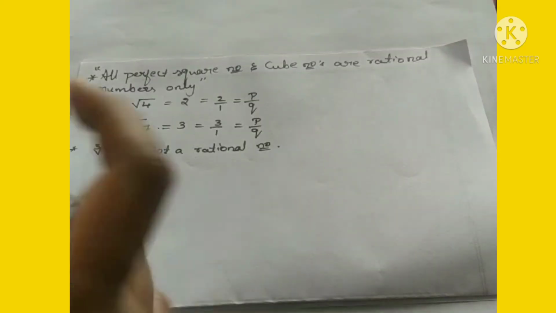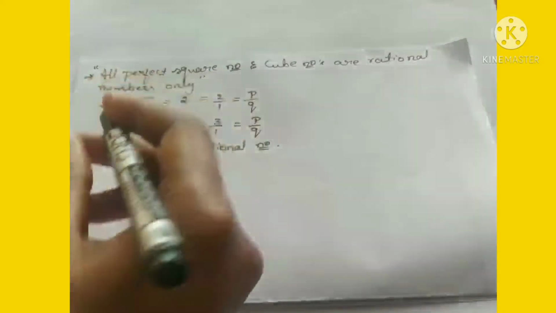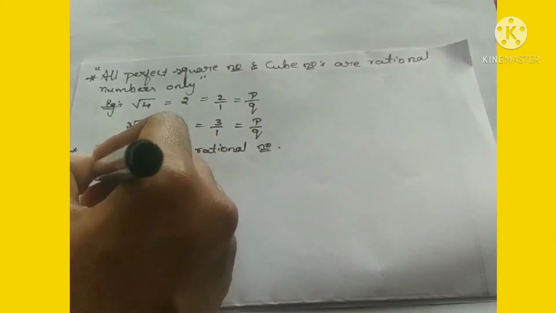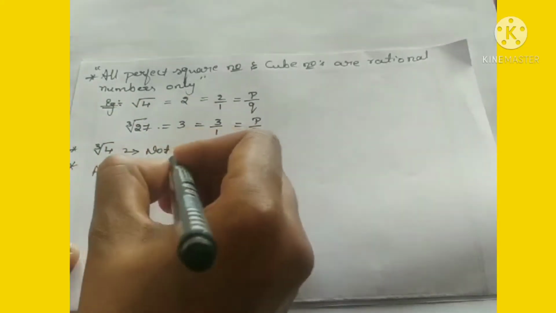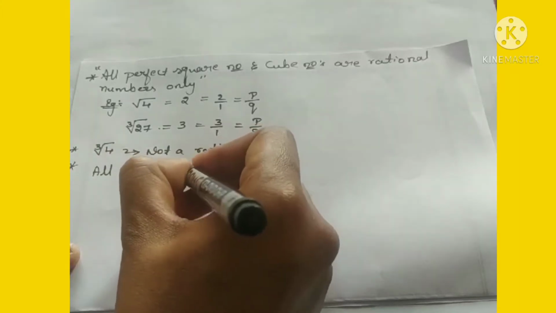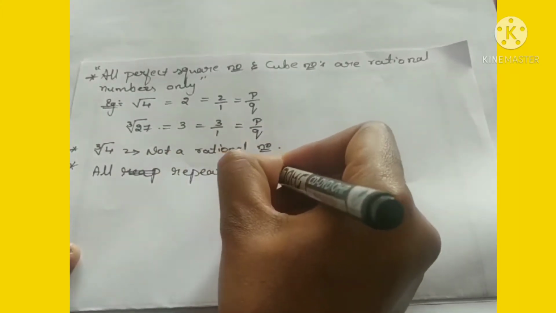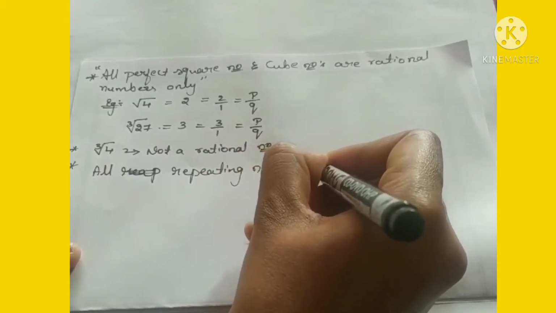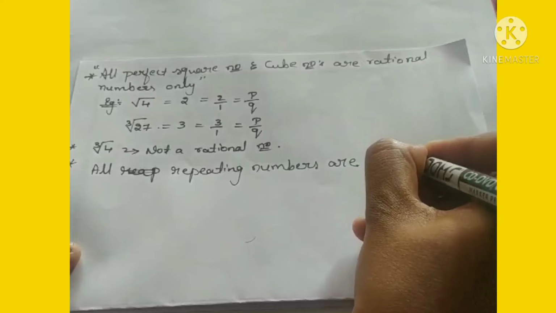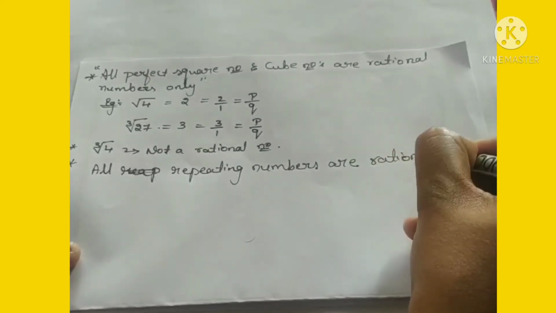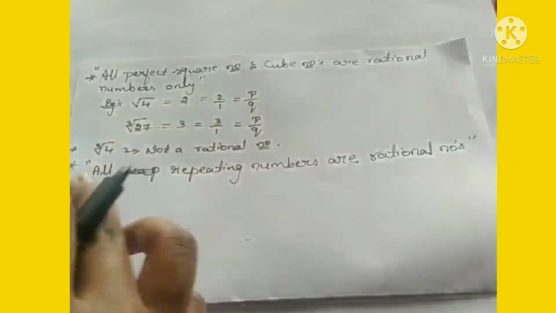The next important point under rational numbers is that all repeating numbers are rational numbers. You have to remember this point.